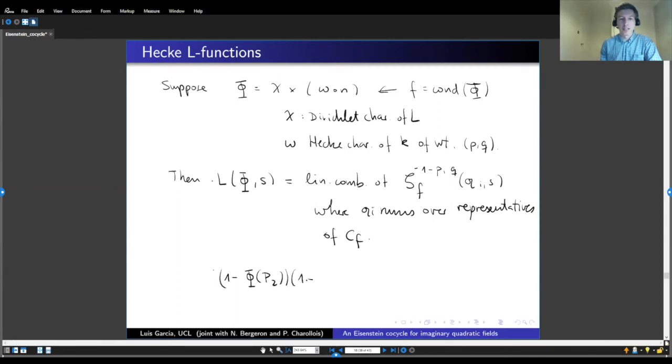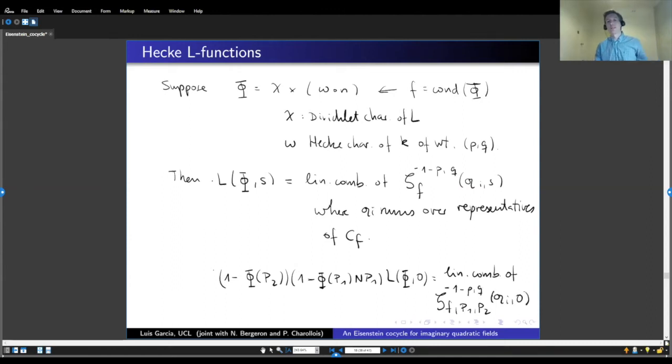So you can multiply by these local L-factors at P1 and at P2. And this will be a linear combination of these smooth zeta functions that I introduced above.